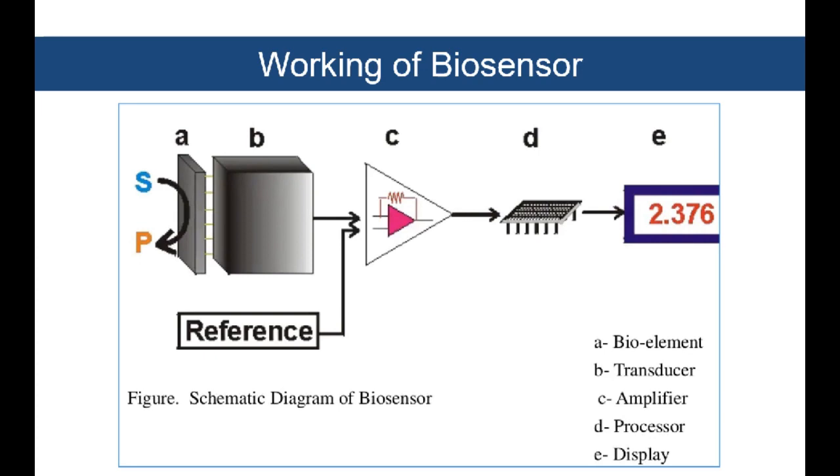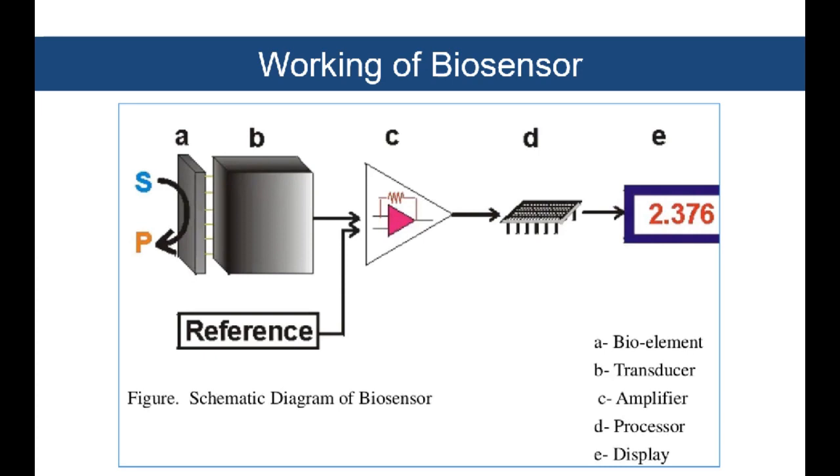If filtering is required, it will do the filtering, and if some modification is required, that modification will be taken care of. After that, it is transmitted to the display unit, consisting of the element named E.